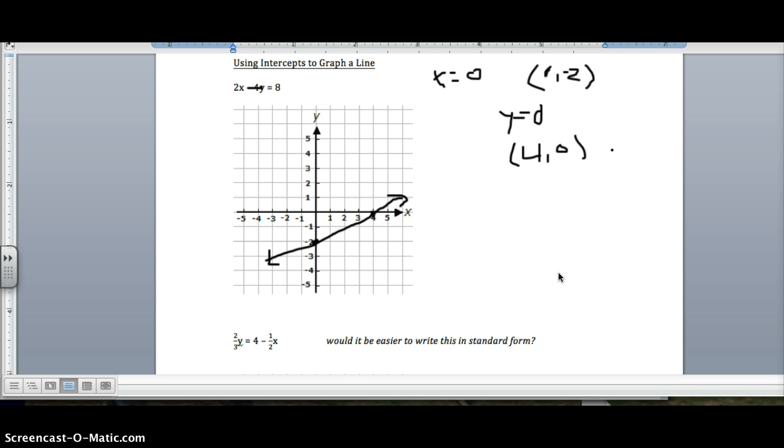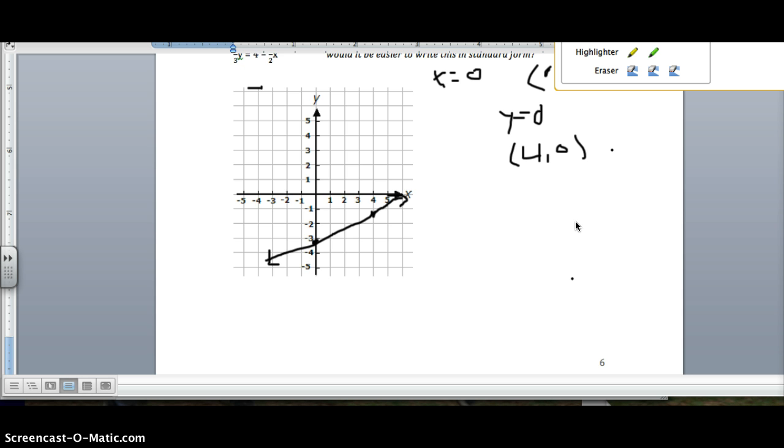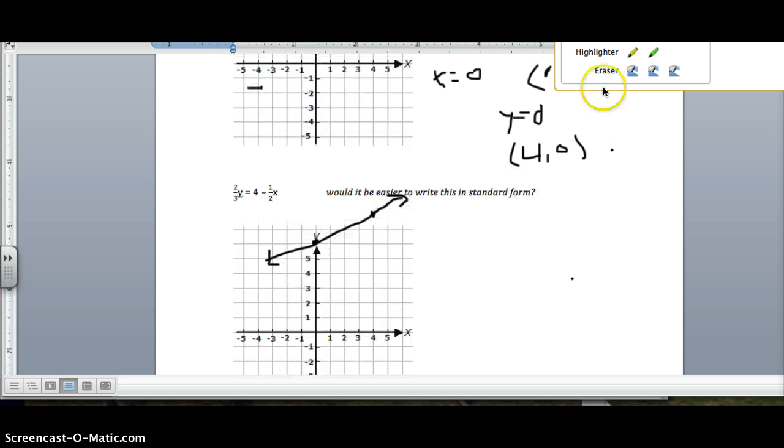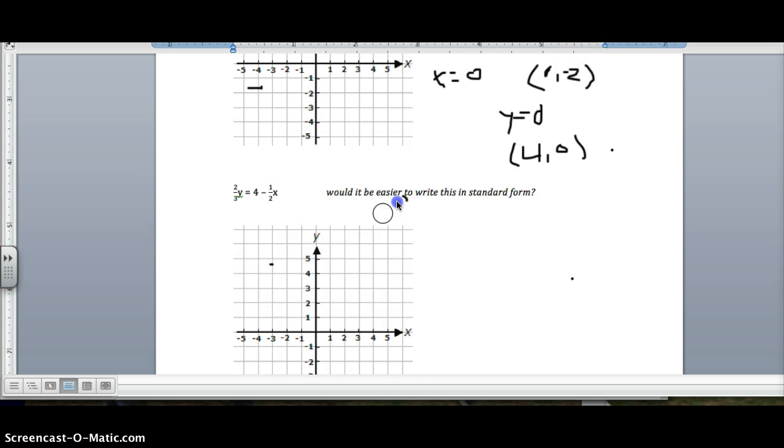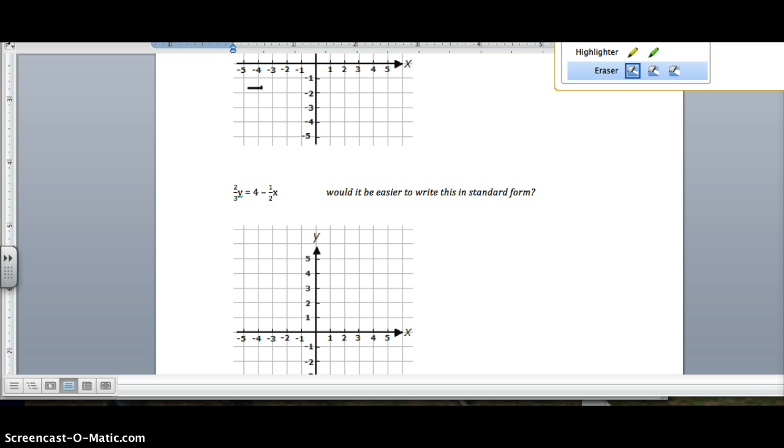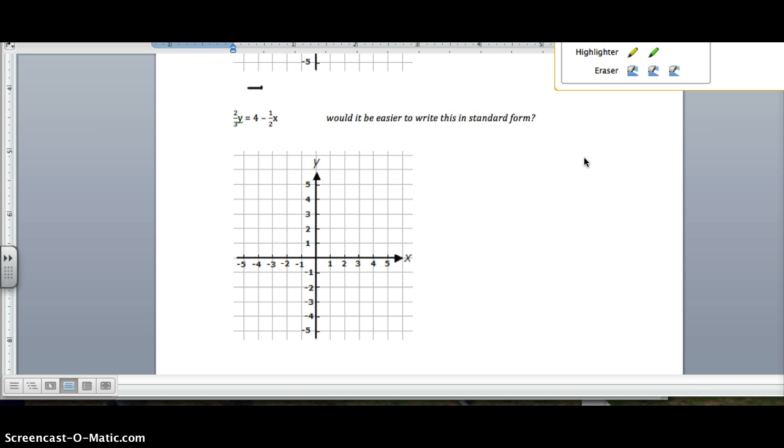Now going down to the next problem, we have, oops, I have to erase that. Okay, we have 2/3 y equals 4 minus 1/2 x. So my question would be, would this be easier to do if we wrote it in standard form?